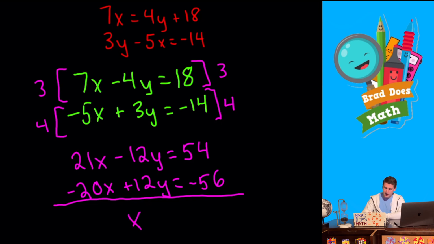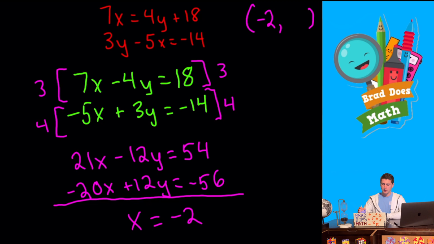I'll just get x equals negative 2, and x is already solved for, which is great. It happened to work out that way. So my answer will be negative 2 comma something. And I am going to plug negative 2 in for x into one of these equations. It really doesn't matter. I have like 6 equations I could plug this into.